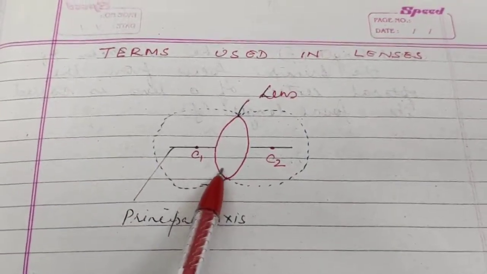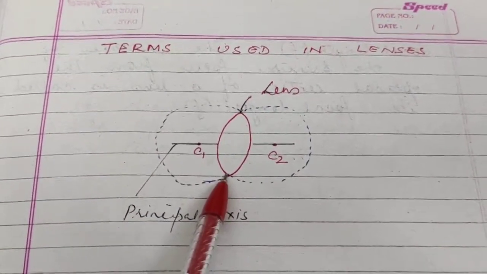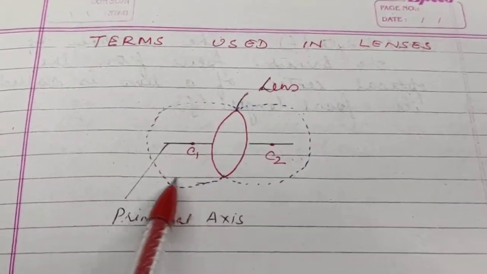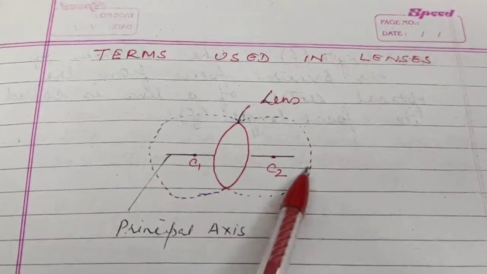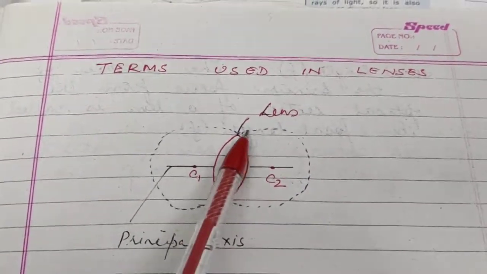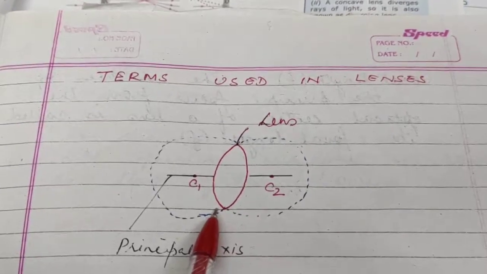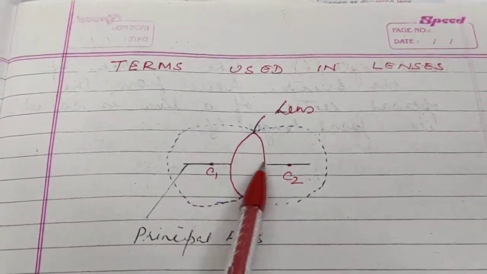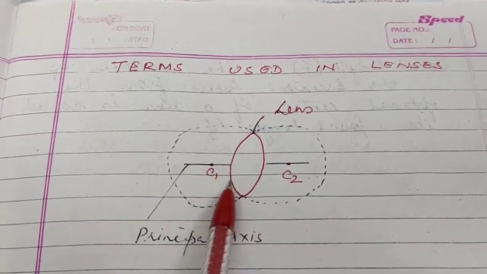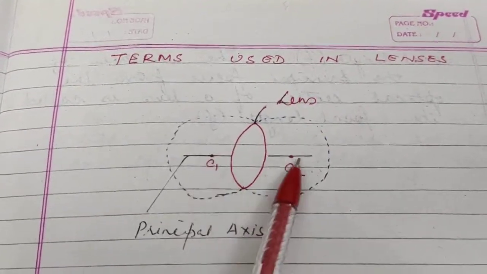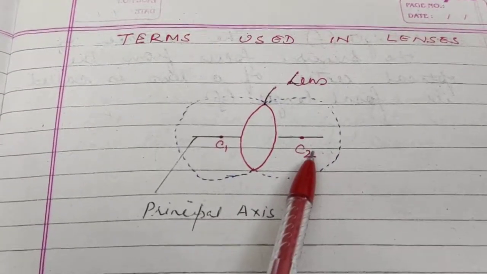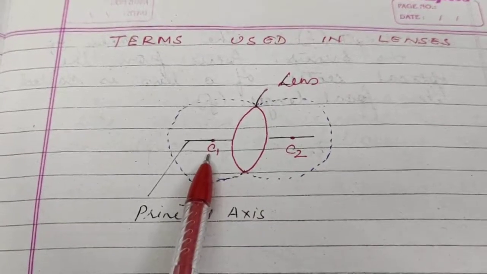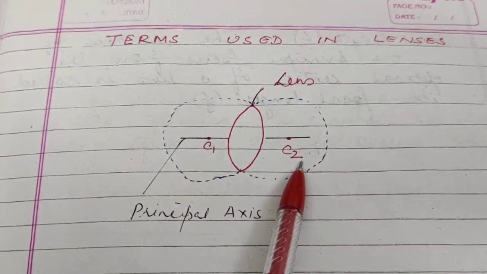Now why are there two centers of curvature? This is because this is the first sphere, and this is the second sphere, and the lens is made up of two refracting surfaces bulged outwards. So this lens is a part of this sphere and also a part of this sphere. Both spheres have their own centers of curvature, denoted by C1 and C2.